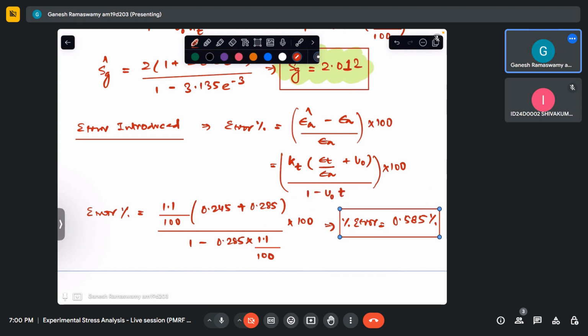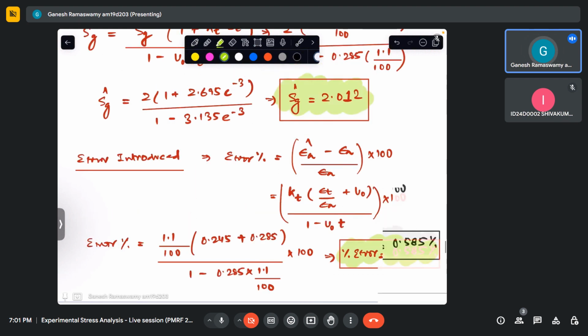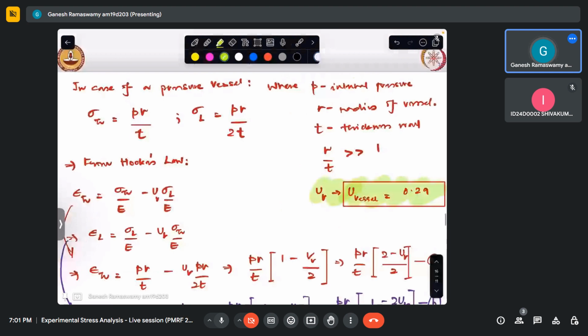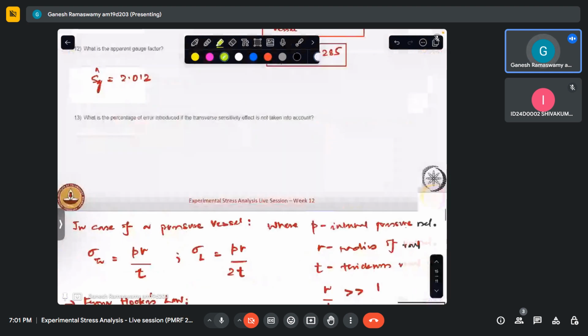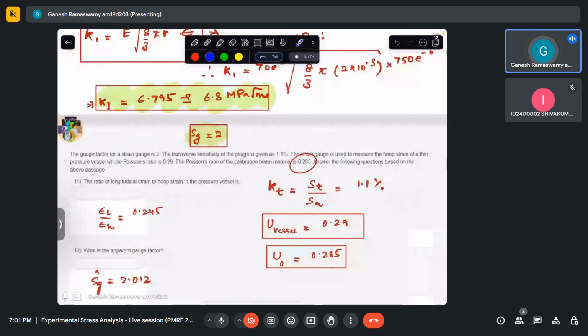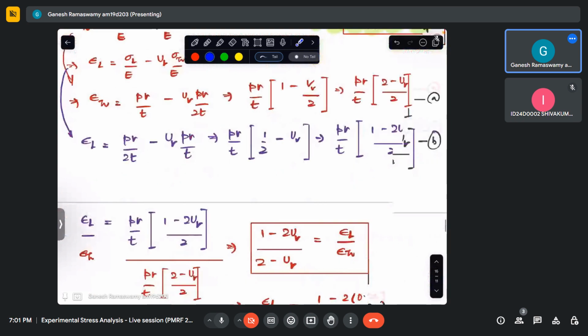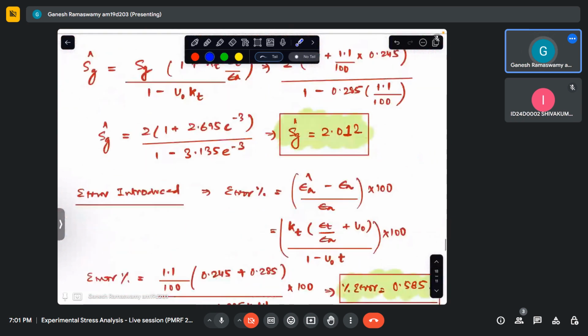So the error is small, but nonetheless it is not zero, because there is a slight difference between the Poisson's ratio used in calibration and the actual Poisson's ratio. That is the actual problem. So I hope that is clear.